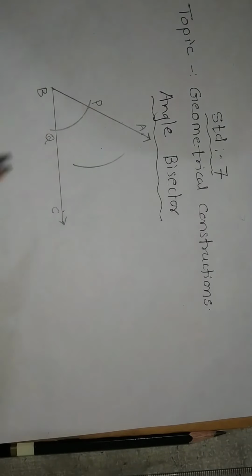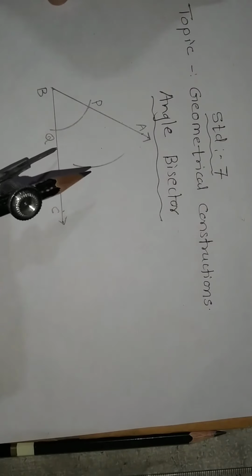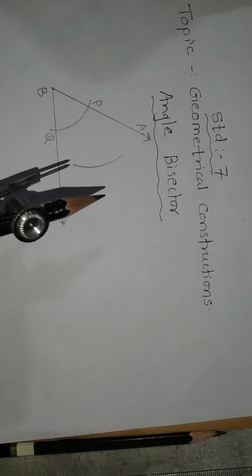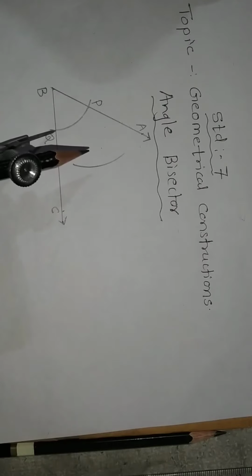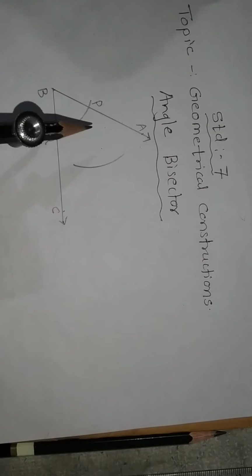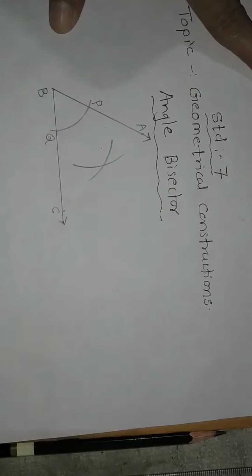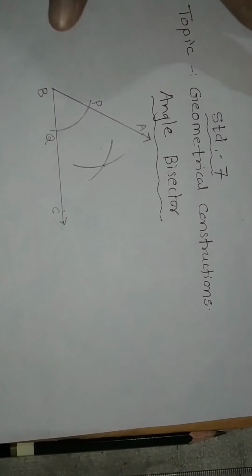After drawing that arc, now without changing the distance of your compass, it means keep the same distance and put the point of your compass on point Q, then draw another arc which will cut the previous arc in this way, so that we will get one intersection point.